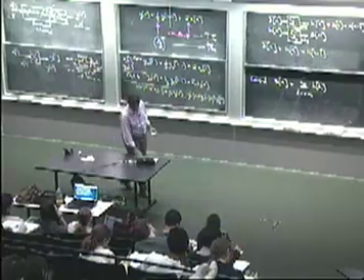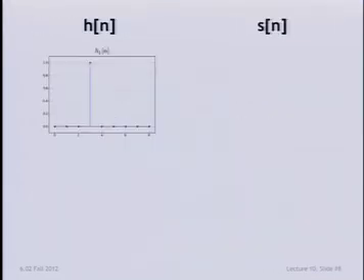Okay, so let's look at an example here. Here's the unit sample response of a particular LTI system. Is this a causal system? So this is the response to a unit sample. So the input was 0 everywhere except for a value of 1 here.